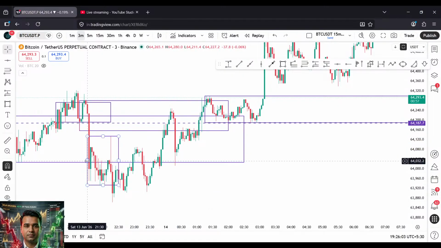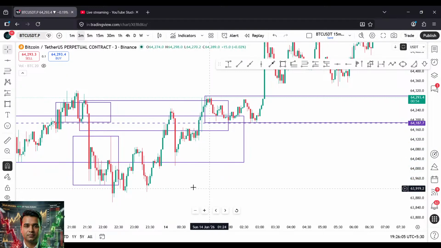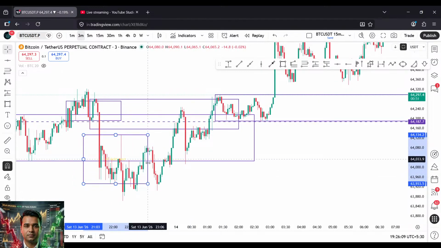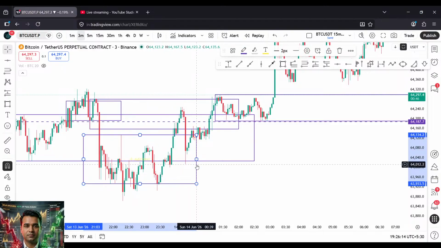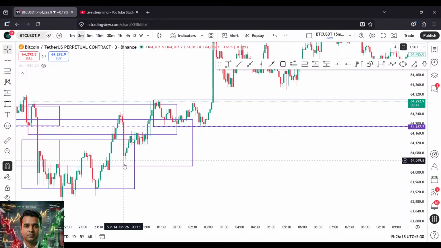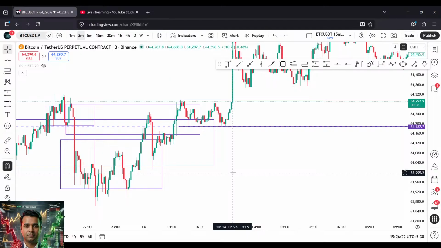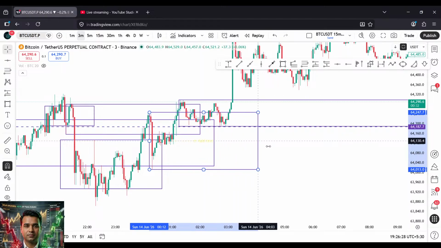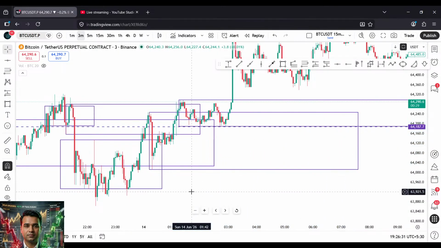So this one is our swap. If we forward this like this, price goes up and comes down and goes up. Okay, so this one is our next swap. This one.